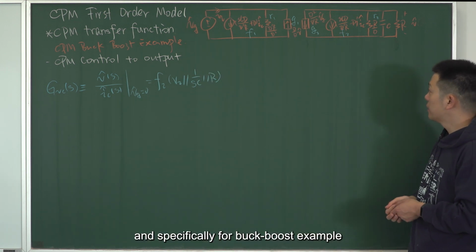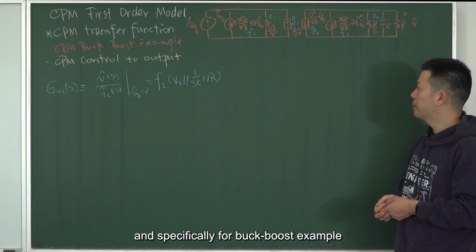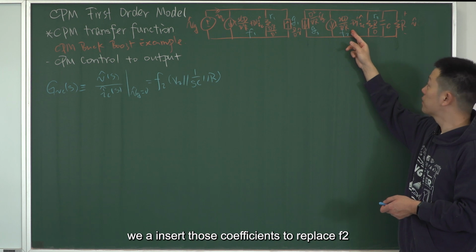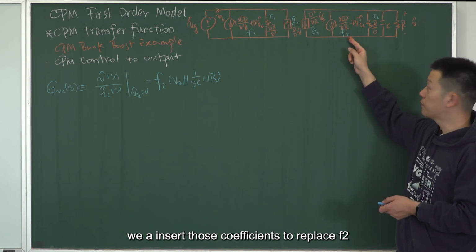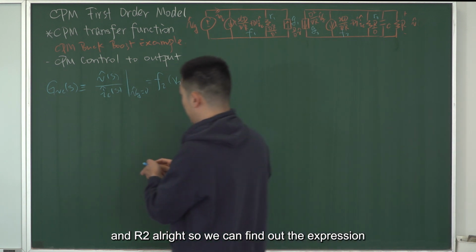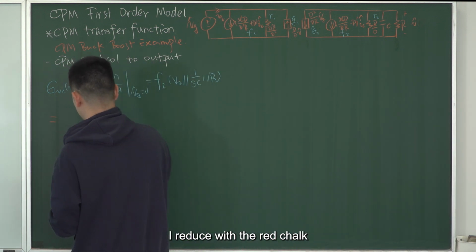Specifically for the buck boost example, we insert those coefficients to replace F2 and R2, so we can find the expression. I will use the red chalk.